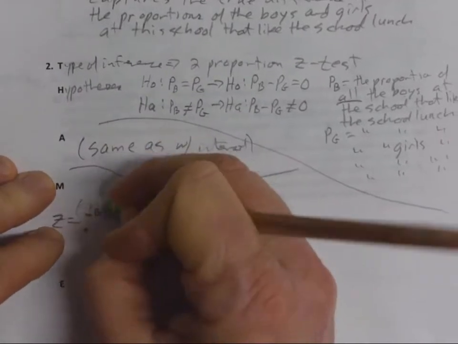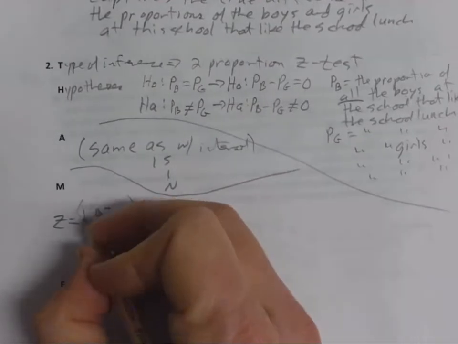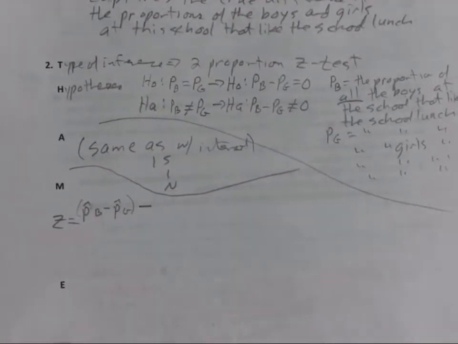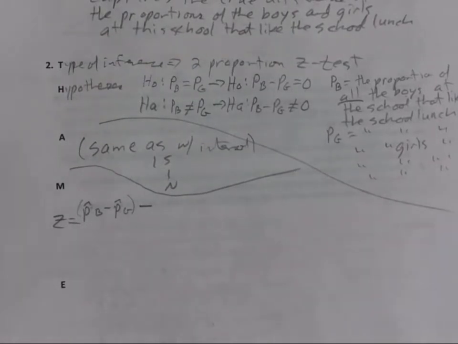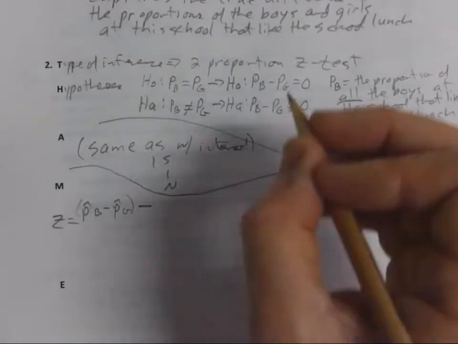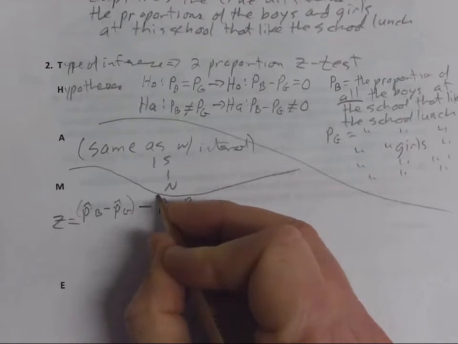Why do I keep doing that? It's p hat. I'm sorry, that is a bad mistake to make. I just worked out all the Section 2 problems, so I've been writing x bar for the past hour, and so I'm sorry. But anyway, the difference in our parameter is p sub b minus p sub g.